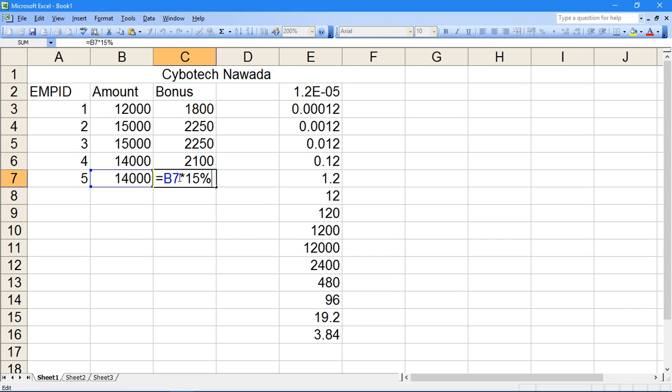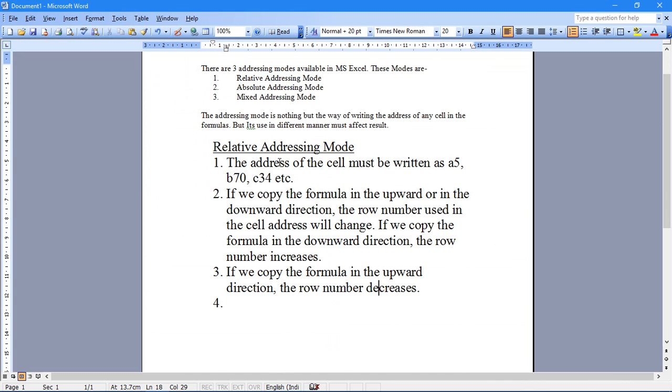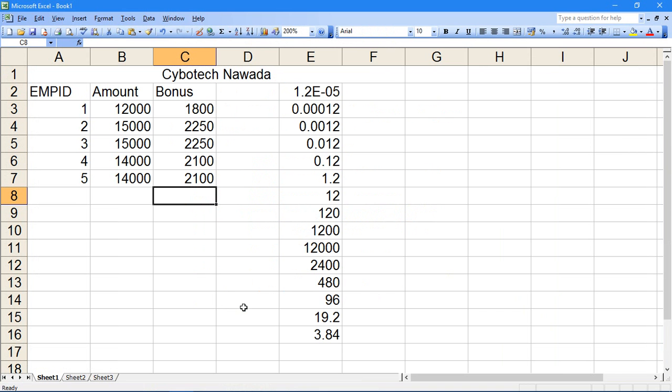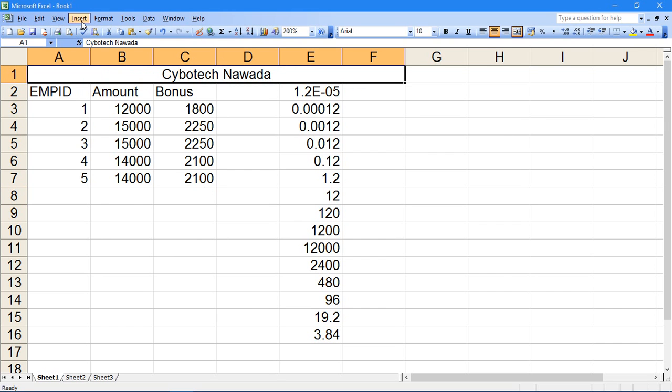Here in the formula the row number is B7. Here it is automatically decreased to 6. So it is beneficial. Relative addressing mode is beneficial in some cases, but not beneficial in all cases. This is my thinking. This is what I am trying to say. What is this? This is a vertical database.